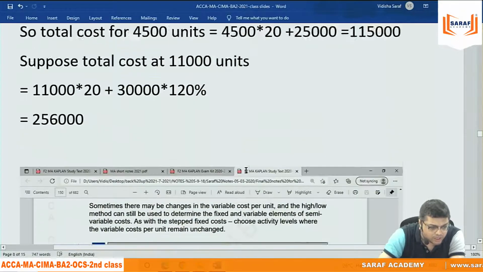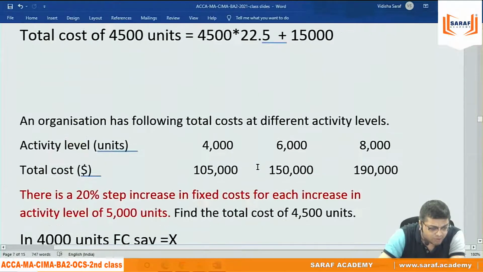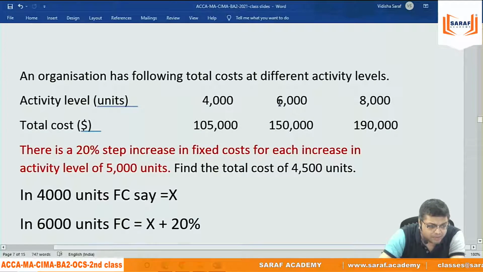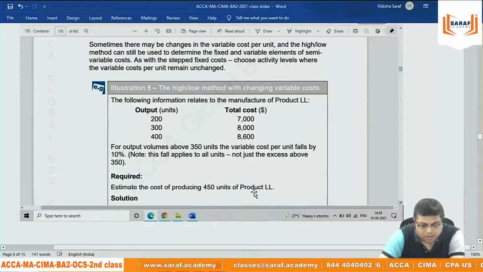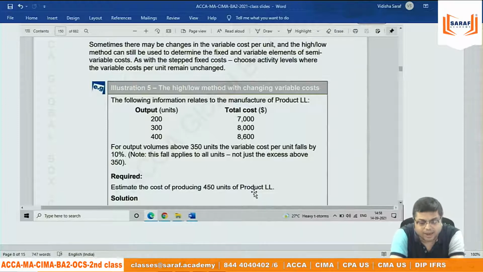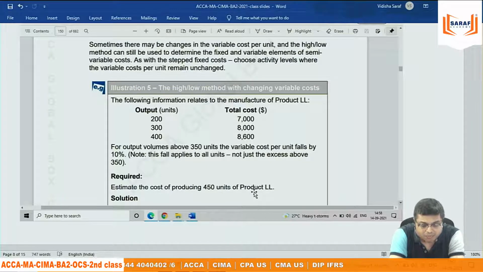Like in the previous question we discussed at which two levels the fixed cost was the same, 6,000 and 8,000, because at 4,000 it is lower. Similarly in this question, variable cost per unit is the same at 200 and 300. Why? Because 400 is greater than 350, and at 400 the variable cost is lower by 10%. So at 200 and 300, which are less than 350, the variable cost per unit is the same.